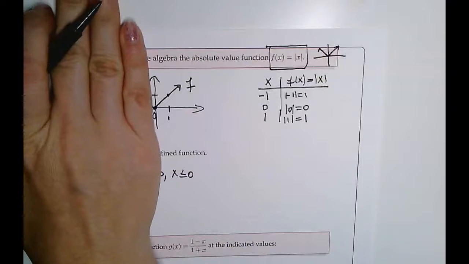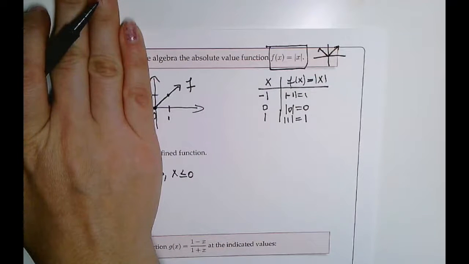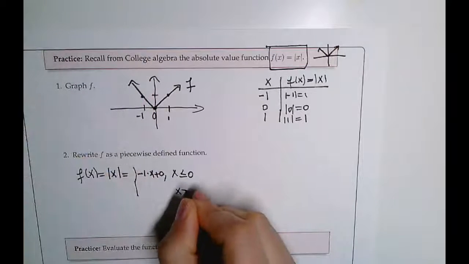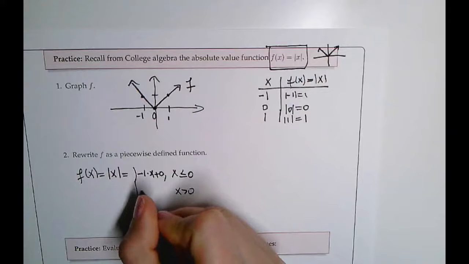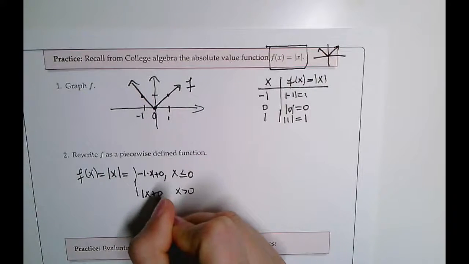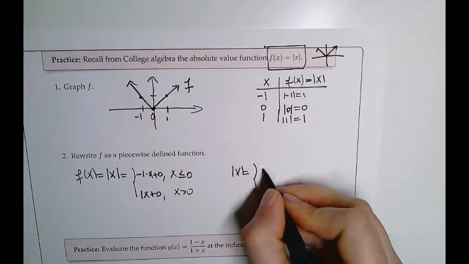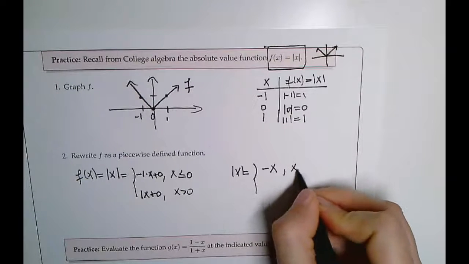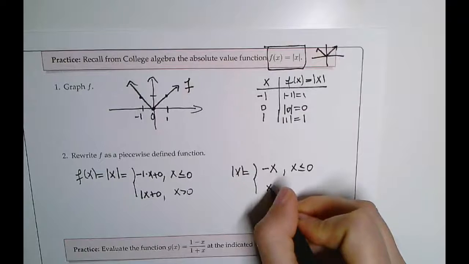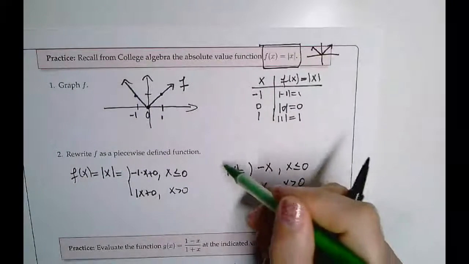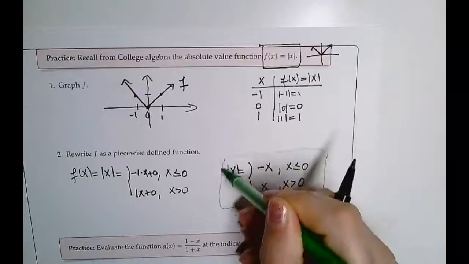And then on the other piece, for positive numbers, so if x is greater than 0, it's a line with slope 1 and y-intercept 0. So absolute value of x is basically the line -x when x is less than or equal to 0, or positive x when x is greater than 0. Okay?